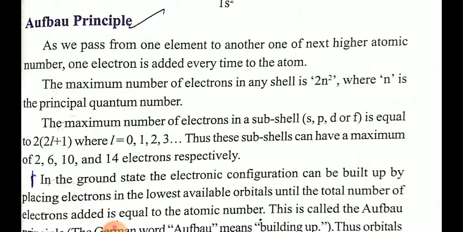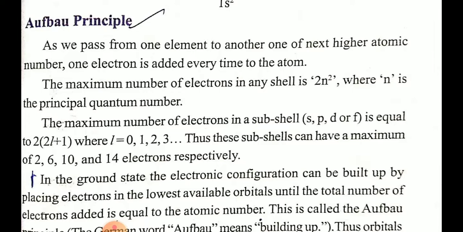The square of the number represents the shell. For the first shell 1 square, for the second shell 2 square, for the third shell 1s, 3p, 5d orbitals, a total of 9, that is 3 square.